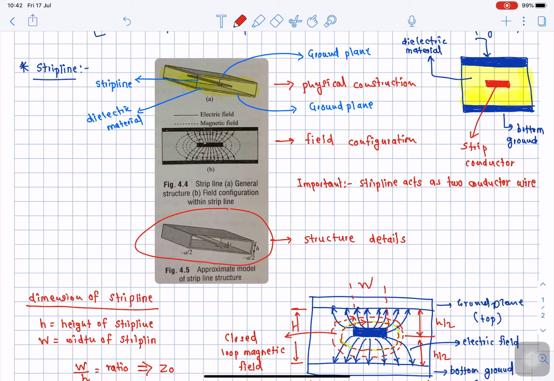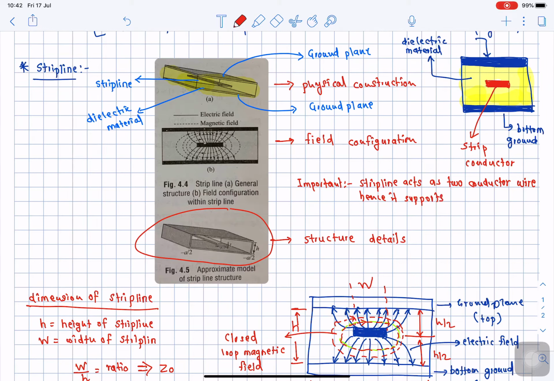What is pure TEM or transverse electromagnetic wave of propagation, we will study in detail when we come to our second module on waveguides. So please remember, strip line acts as a two conductor wire, and hence it supports pure TEM.